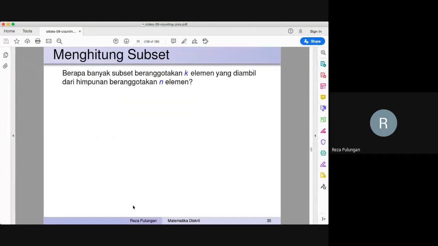Okay, so let's continue. In the next topic, we are going to talk about how to count subsets. So what is this?